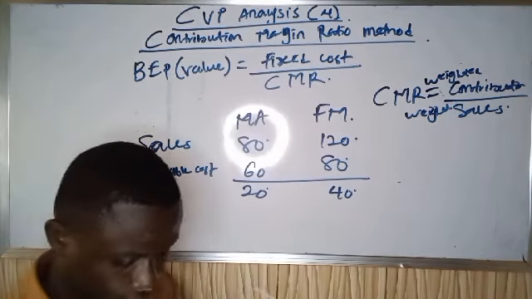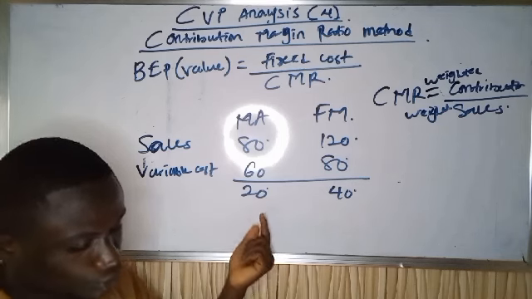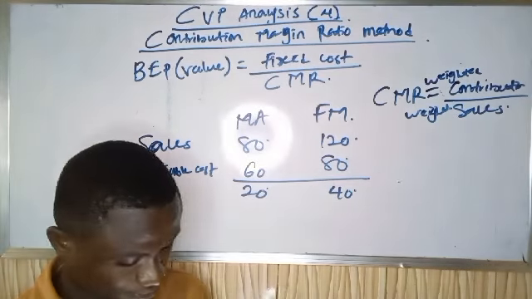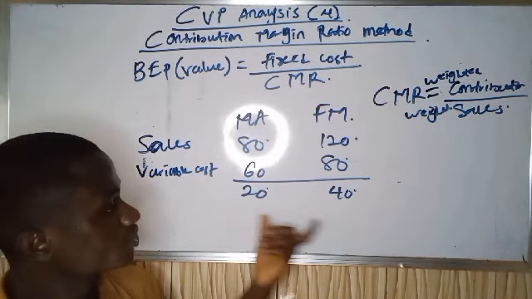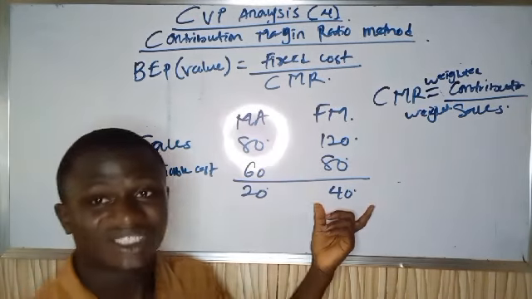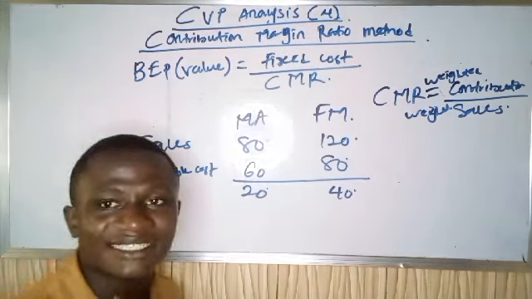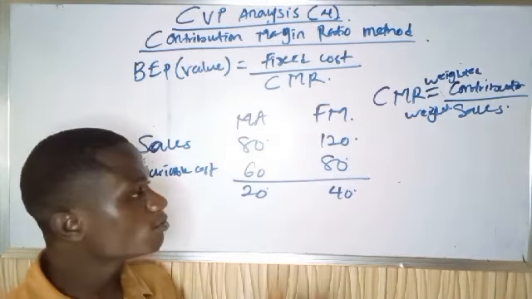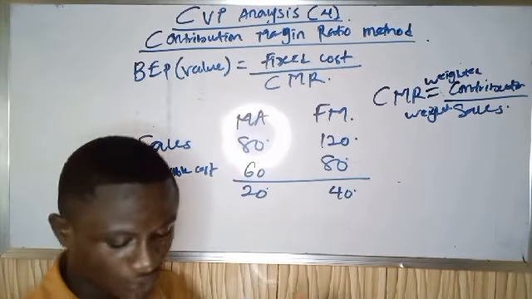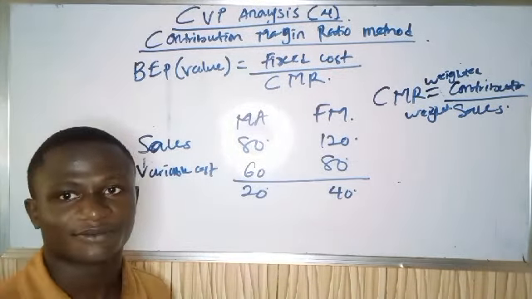By multiplying. From the question, we are told that the amount of MA that we produce is 40,000, and the amount of FM that we produce is 60,000. So if they earn 20 naira contribution on one product, how much contribution are they going to earn on 40,000 products, which is the total produced?